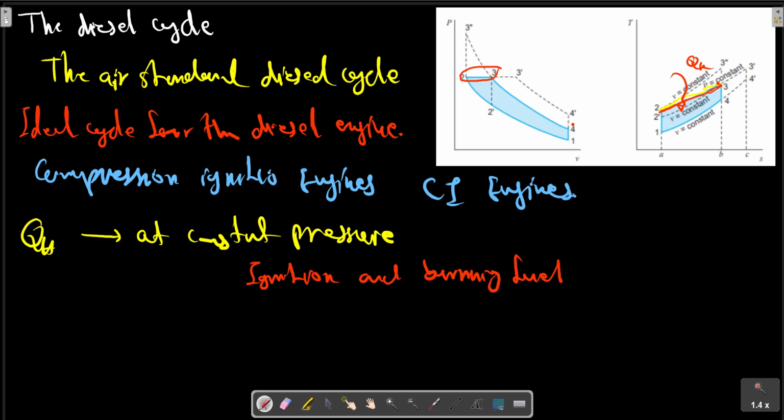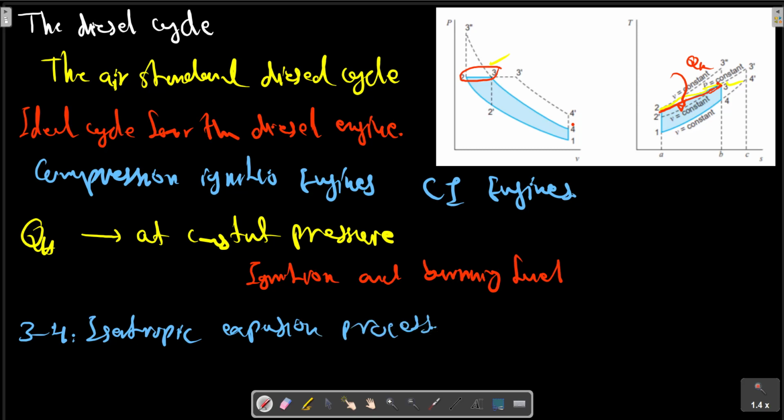When state 3 is reached, the heat addition ceases and the gas undergoes an isentropic expansion process, 3 to 4, until the piston reaches the bottom dead center.